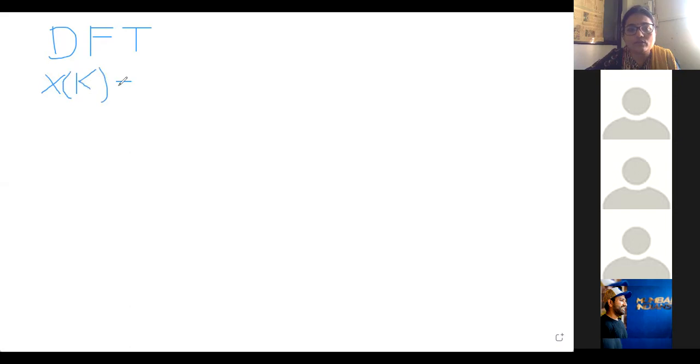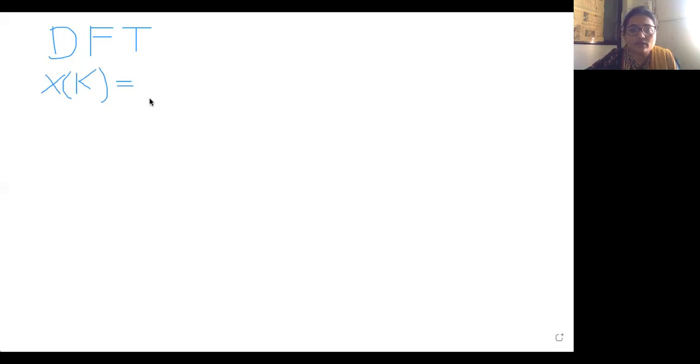Who will tell me the formula for the discrete Fourier transform? It's a very simple formula. X of k is equal to, what is the formula? Shubham, can you tell me?